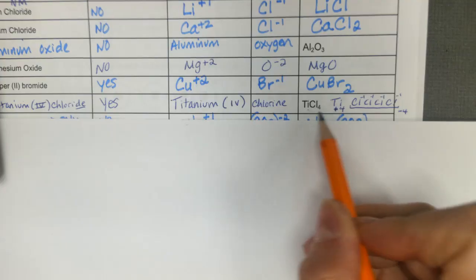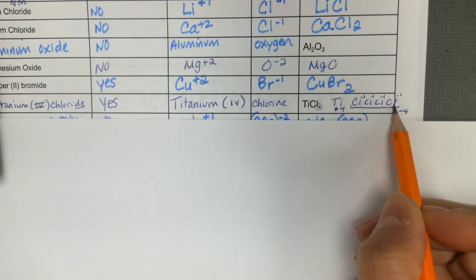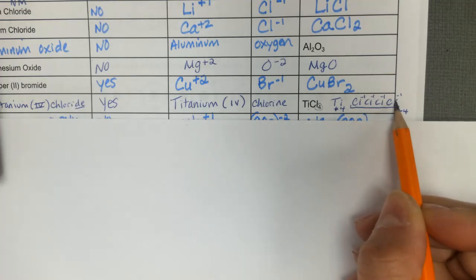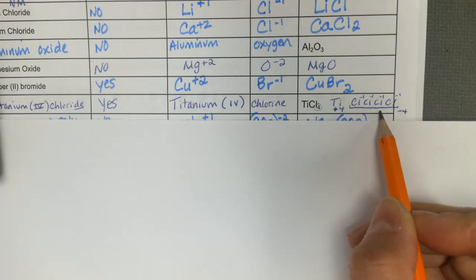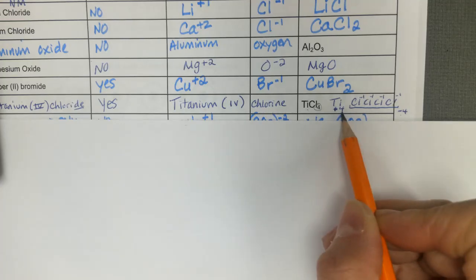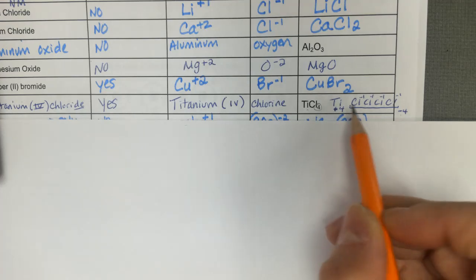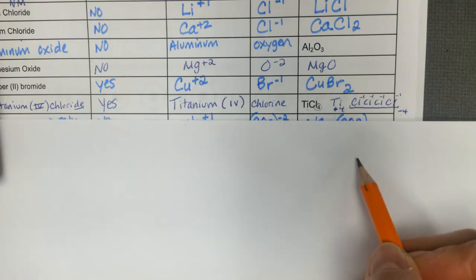The first way is, as we see, we have 4 chlorines. So I can write my chlorine symbol out, and I know each chlorine is a -1 charge. So that gives me a total of a -4 charge for my nonmetal. Now I know that I have to have the same charge for my metal because these have to cancel out. So because I only have 1 titanium, that titanium must be +4 charged.